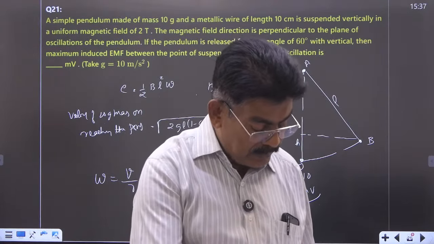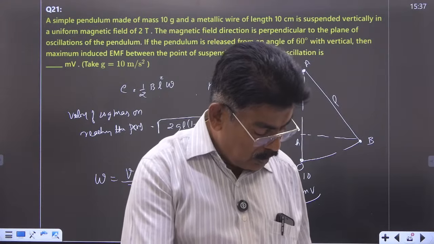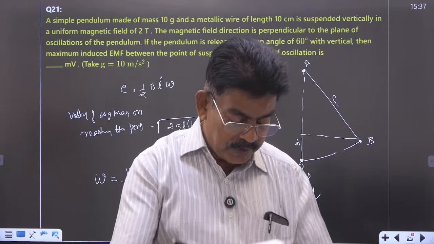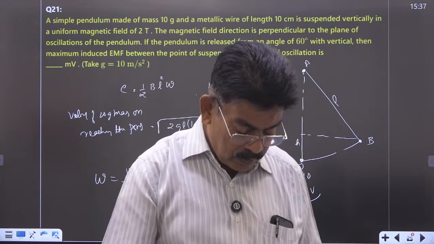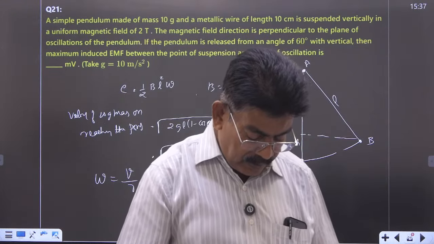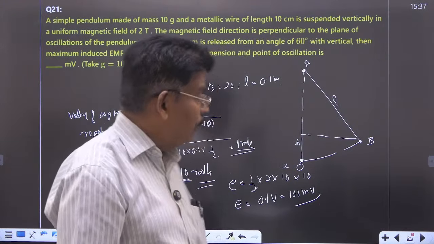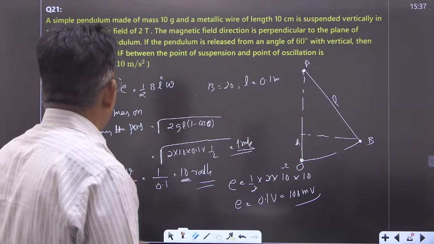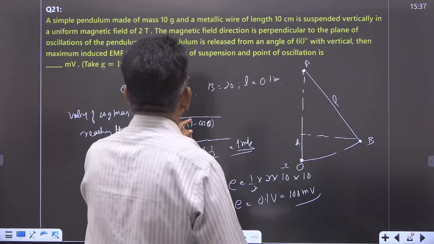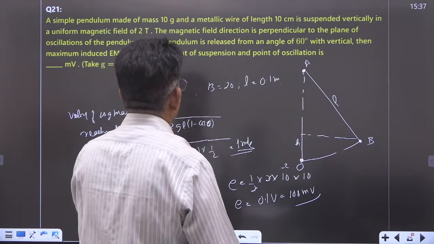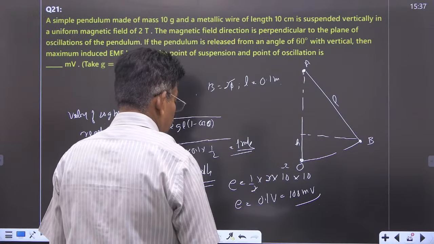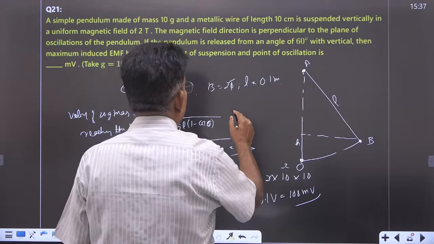Let us check whether any mistake has happened. The answer for the simple pendulum is given to be 10. Whether we have made a mistake, look at it. Half B L square omega. B is 2 Tesla, not 20, 2 Tesla.